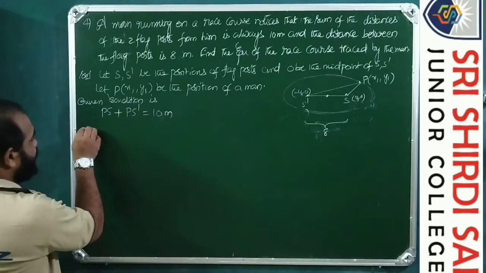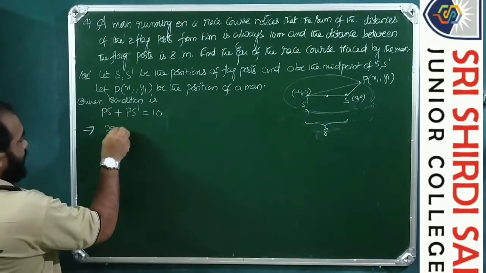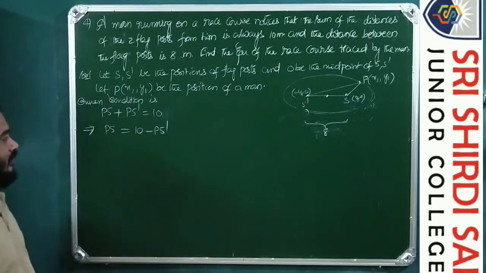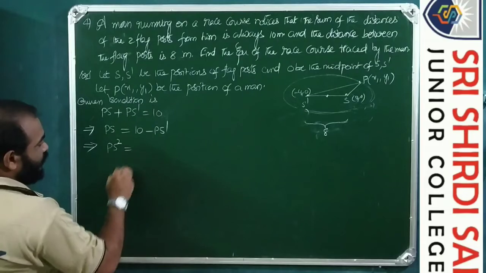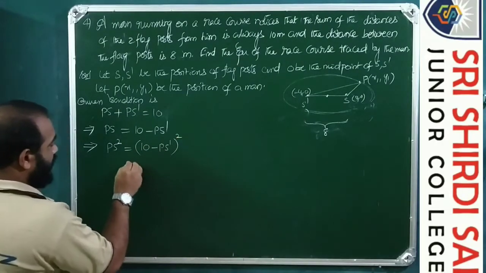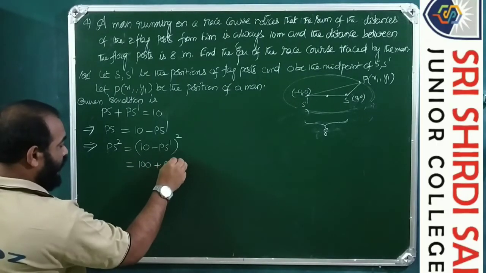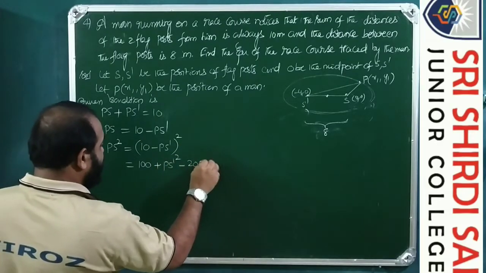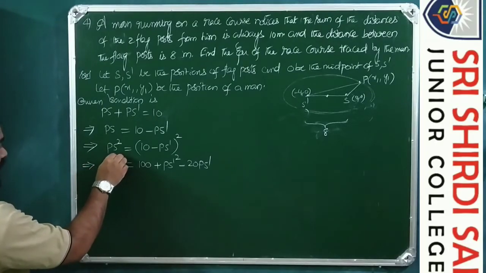So from this, PS is equals to 10 minus PS dash. So PS square is equals to (10 minus PS dash) whole square. This is 100 plus PS dash square minus 2 tens are 20 PS dash.